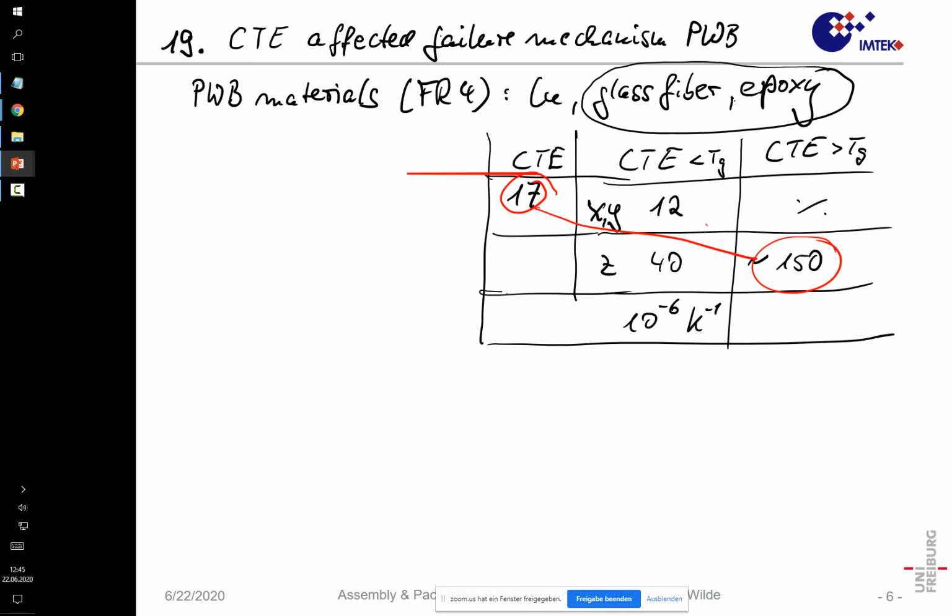And when do we have that problem? That problem we typically have in soldering. So, T is larger than Tg. That's one of the problems.